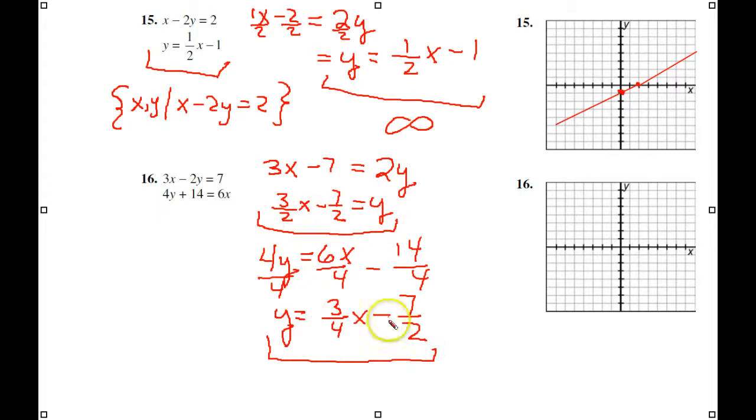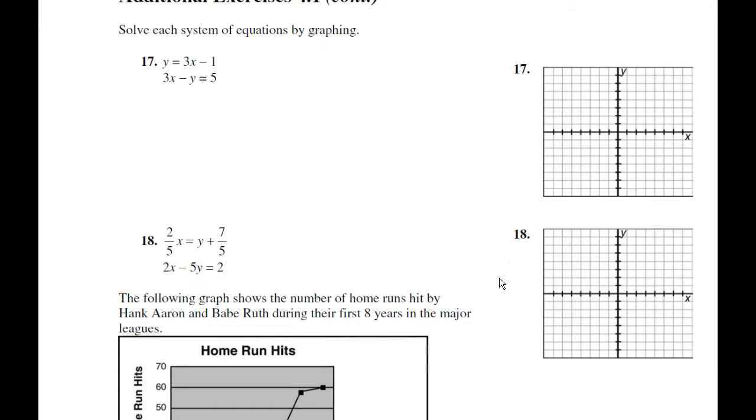And lo and behold, they're the same again. So this is infinite number of solutions. I'm not going to graph it. You may have to graph it in your lab, but again, we've done a lot of graphing. Now the key to these is to solve for a positive y and then graph.